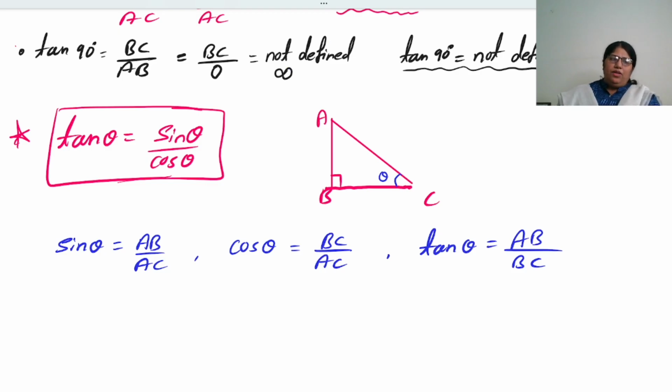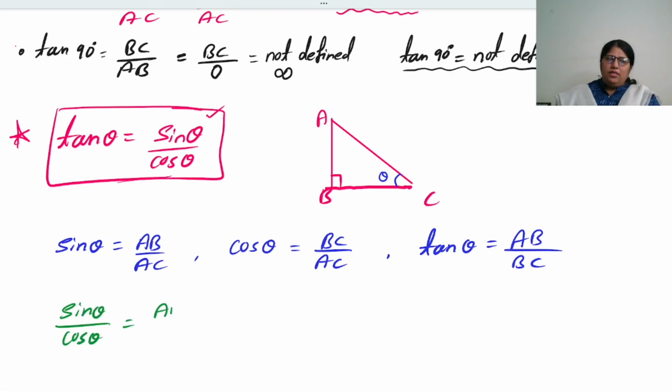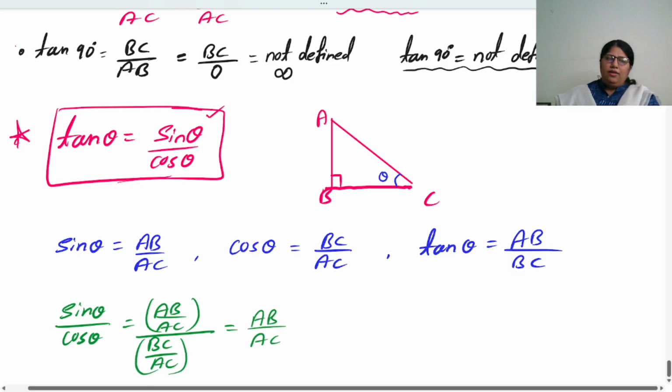I told you already that sine by cos is tan. So how can we reach that result? If I am taking sine theta divided by cos theta, the right-hand side will also be divided, right? AB by AC divided by BC by AC. Now the divisor is in fractional form, you can reciprocate it into AC by BC.